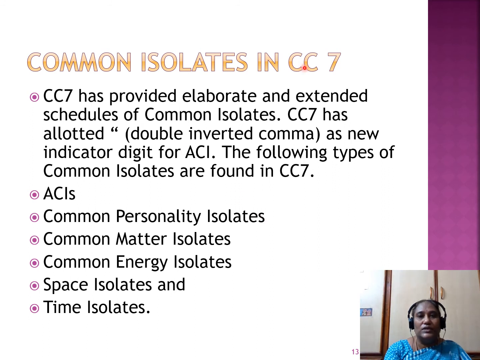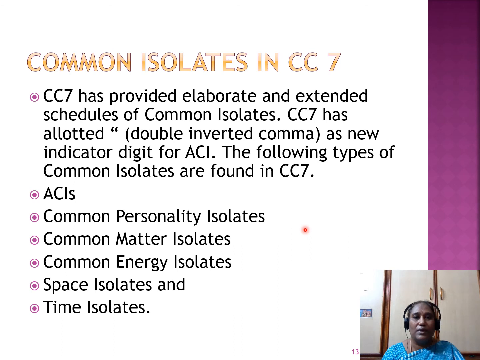And there are common isolates in Colon Classification 7th edition. These provide elaborate and extended schedules of common isolates, and CC7 has allotted a double inverted comma as a new indicator digit for anteriorizing common isolates.